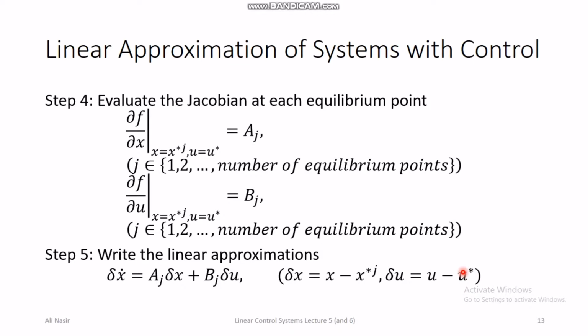The difference between the equilibrium value of x and that of u is that you find x star by satisfying the condition of the equilibrium point, and you define u star by yourself, because u is the control input, something that you apply to the system. So you know better what value of control input would be the operating point value for the linear approximation.